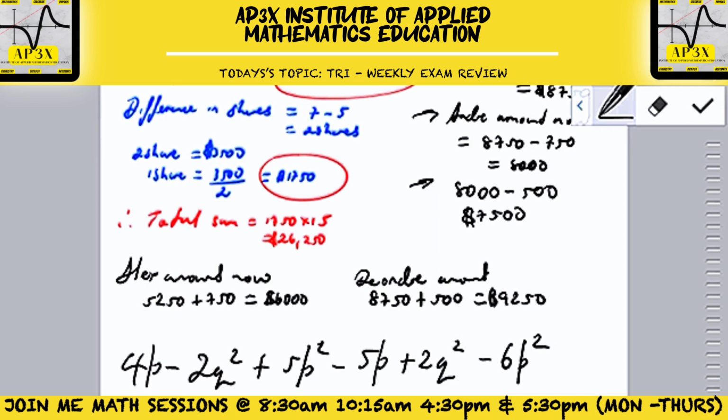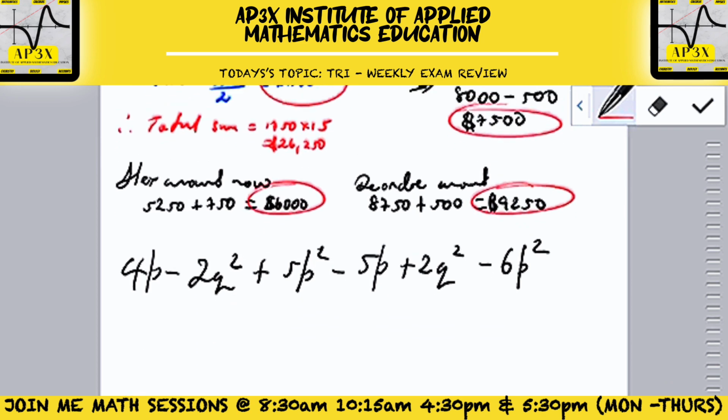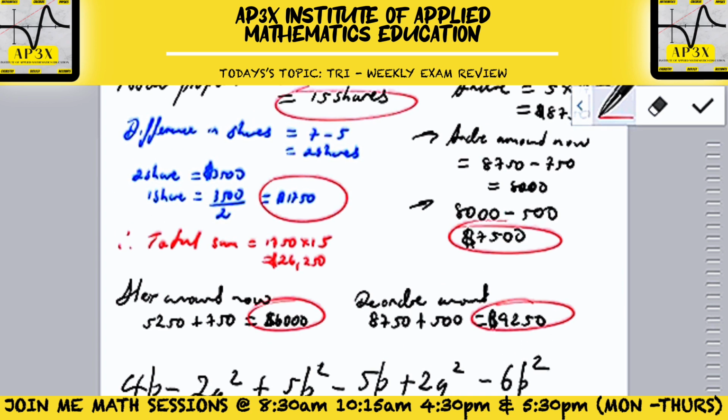Alright, good. So let's circle these values then. Andre, after giving away some money, has 7,500. Alex received an additional 750 on his amount, he has 6,000. DeAndre received $500 on her amount, she has 9,250. So in order for us to calculate the new ratio here, we're going to have to lay them out.